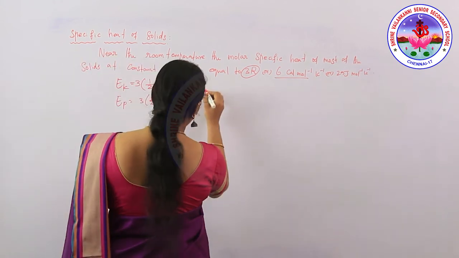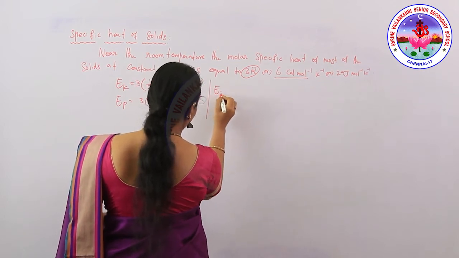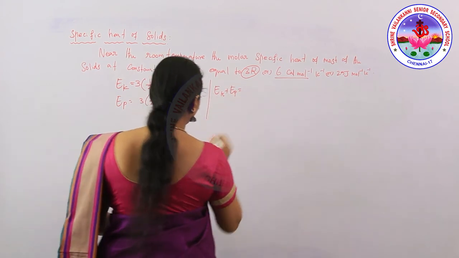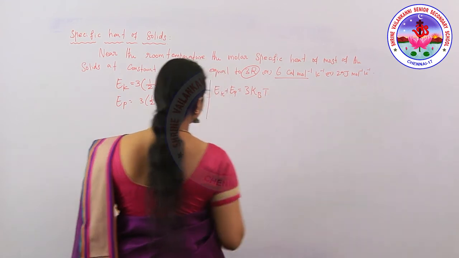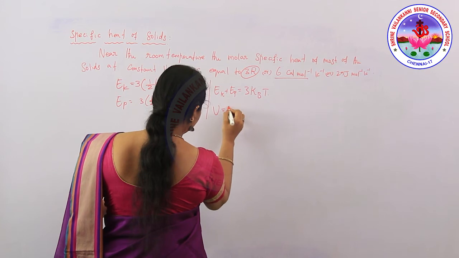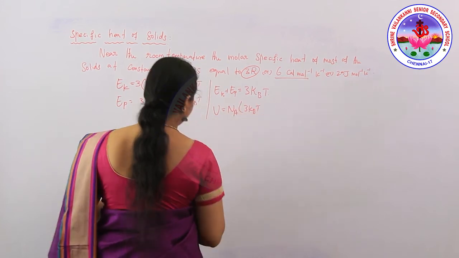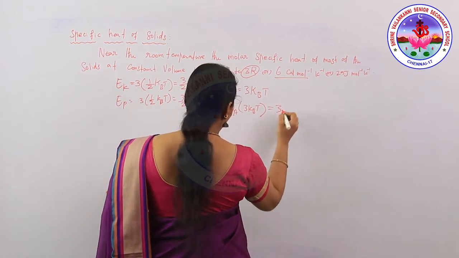Or we can write the total value, Ek plus EP, which is equal to 3 kBT. Now U is equal to Na into 3 kBT, so this will become 3RT.